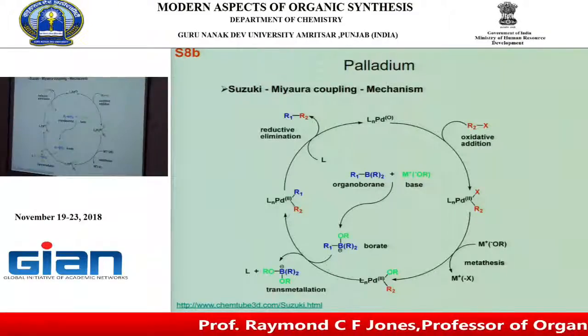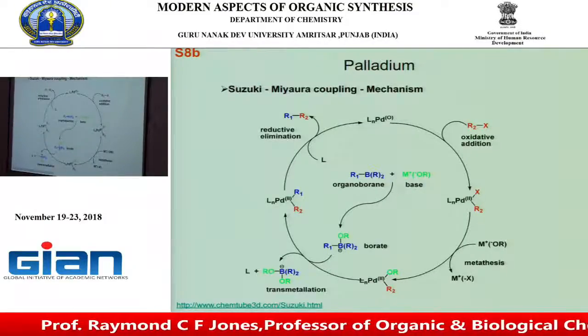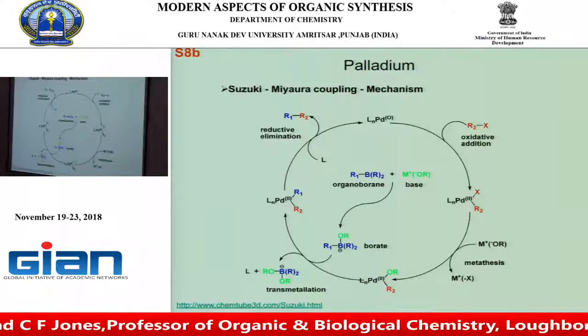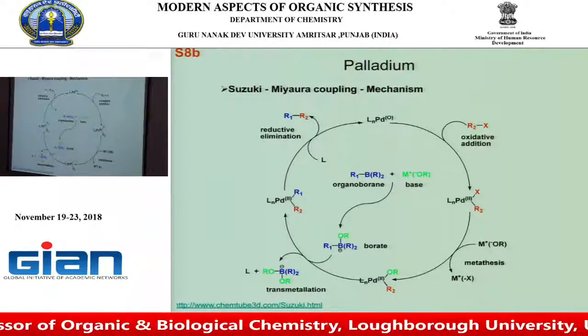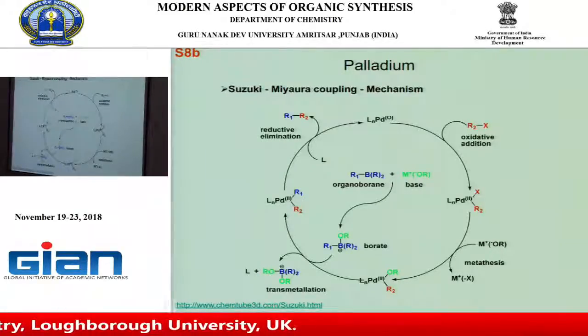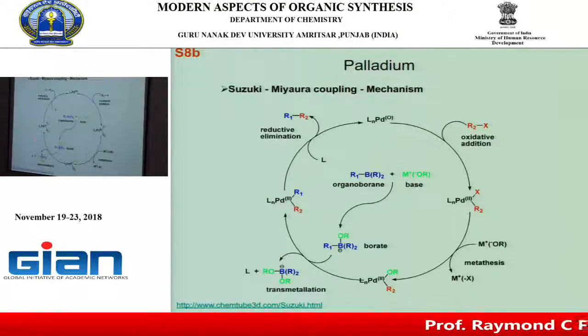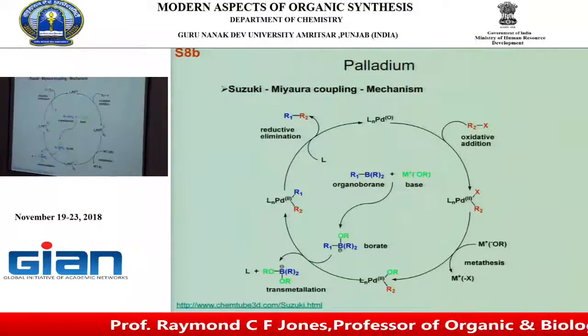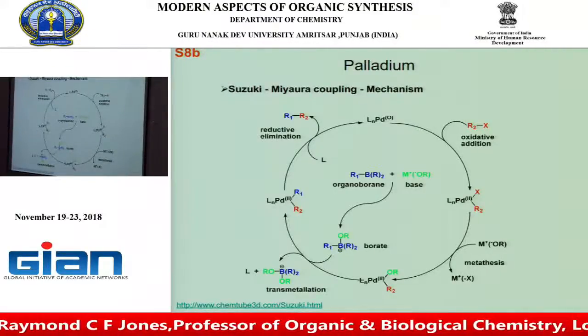So boron, if you like, is seesawing between tri-coordinate, 4-coordinate with a minus charge, and back again. So it's adding one group and then giving a different one up. But the result is that the group that was on the borate derivative ends up on the palladium.